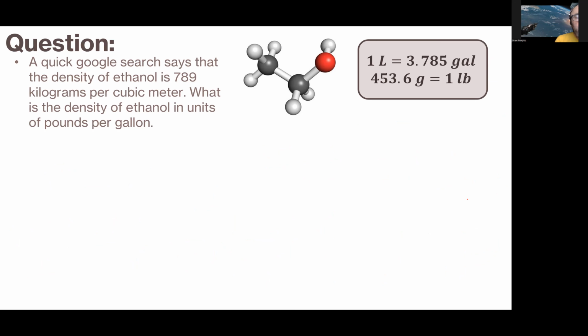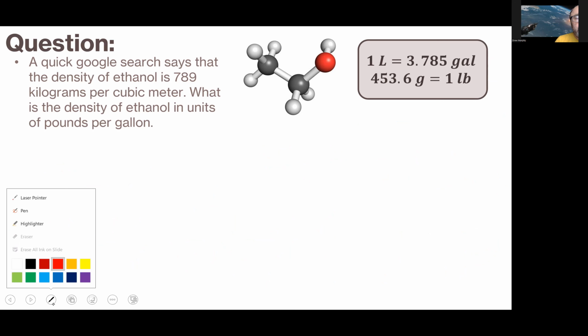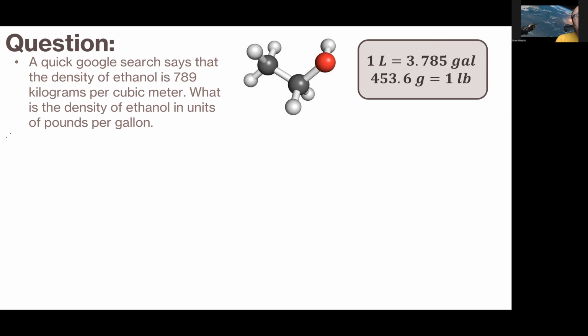So what we're going to do here is we're going to do it in 2 steps. Our first step is we're going to take our kilograms and get it to be pounds. What do we have? We have 789 kilograms. We know 1 kilogram is 1,000 grams.